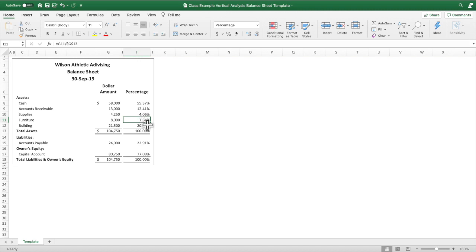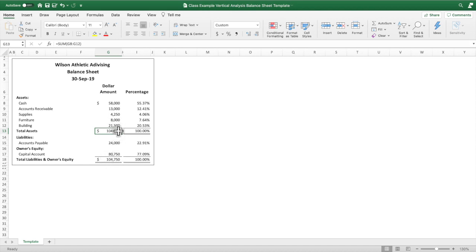All right, so you do the same formula all the way down for the assets, and then you do it for the liabilities. Same formula with the base figure of total assets or total liabilities plus owner's equity. It's the same number though.